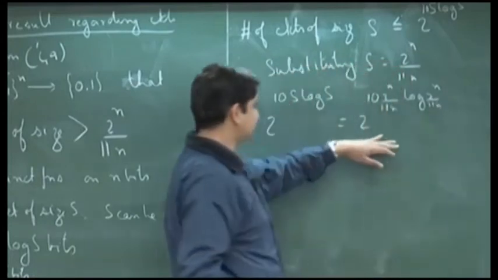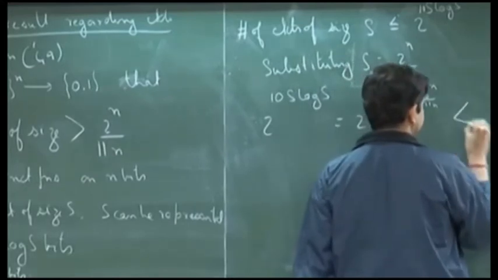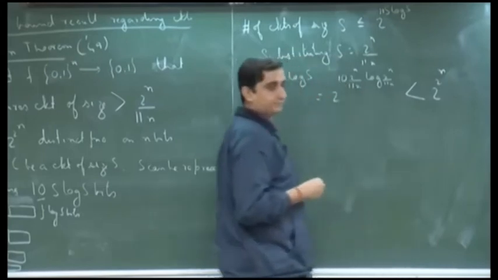Okay. And if you work this out, this is not very difficult. If you work this out, you will find that this is strictly smaller than 2 to the power n. Okay.